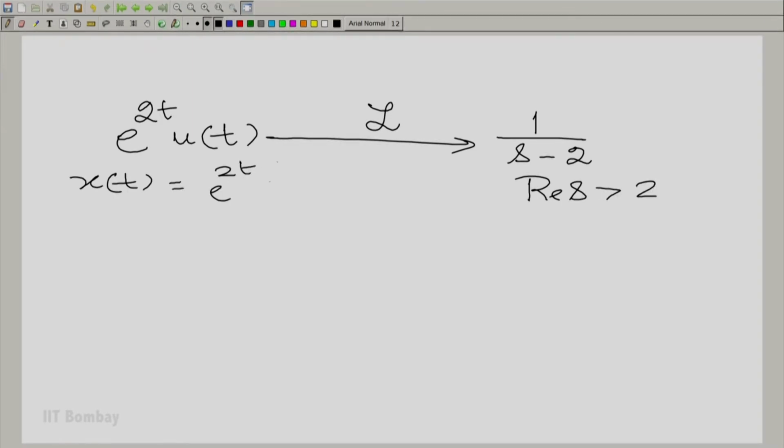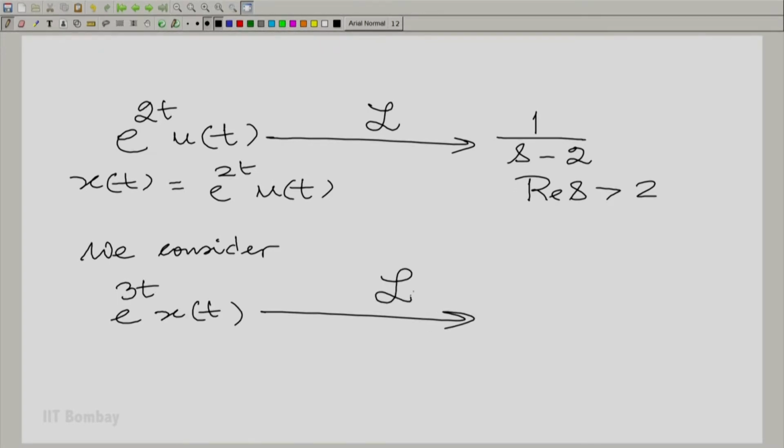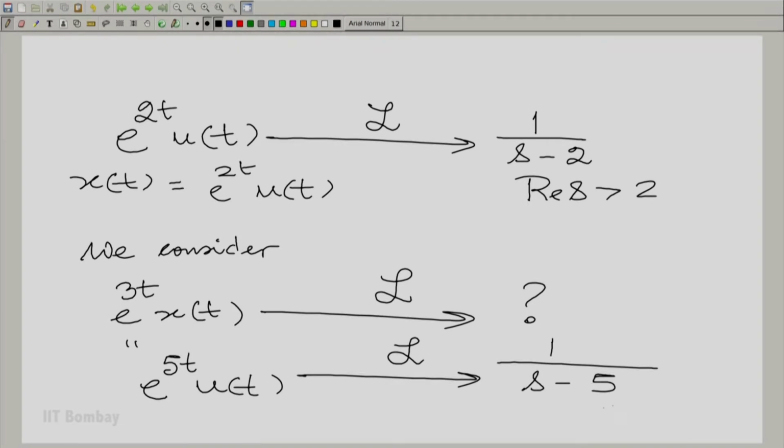This is x of t. Let us multiply it by e raised to the power 3t and query its Laplace transform. What is e raised to the power 3t x t? This is after all essentially e raised to the power 5t u t, so simple, and therefore its Laplace transform is going to be 1 by s minus 5 with the real part of s greater than 5, not very difficult.